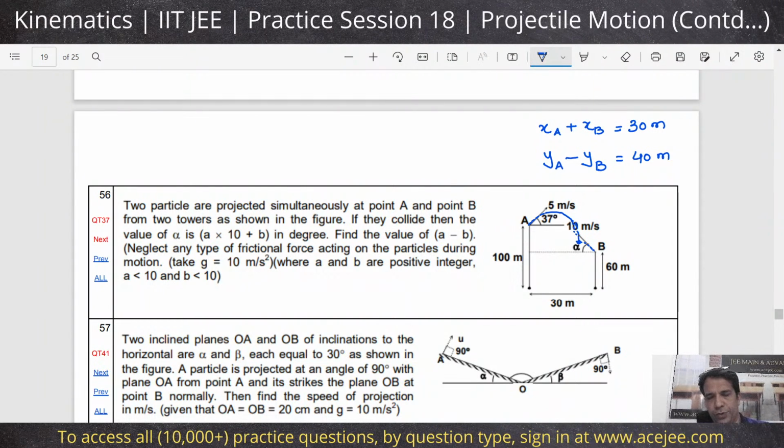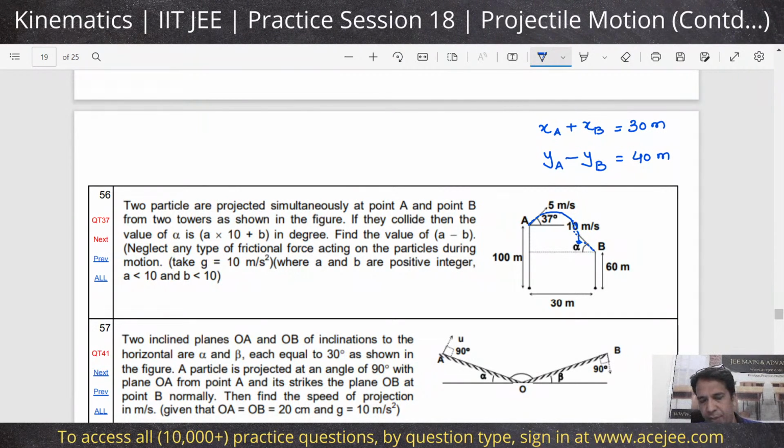Let me just make a small correction to the statement I just made. In the vertical direction, the difference of their displacement should be equal to 40 meters. What I have shown here is that the displacement of A, YA, is negative and the displacement of B is positive, right?